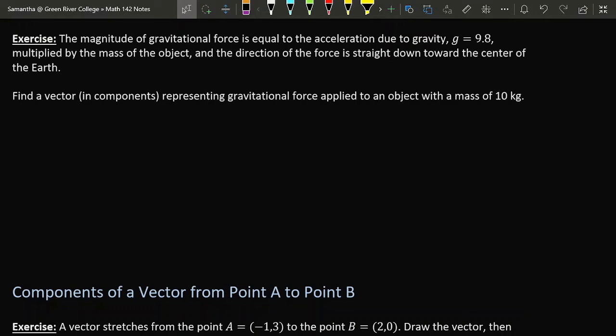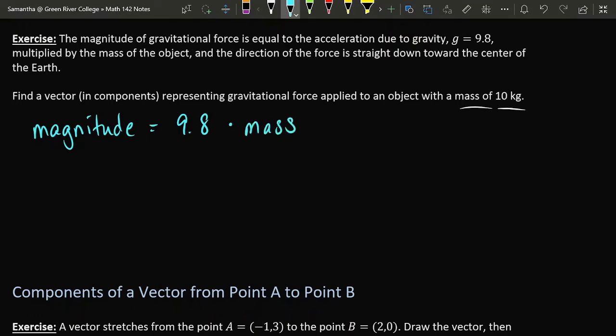Let's find a vector, specifically one that is described symbolically using components, which represents the gravitational force that is applied to an object with a mass of 10 kilograms. Okay, so the magnitude of gravitational force, we are told, is equal to 9.8 times the object's mass.